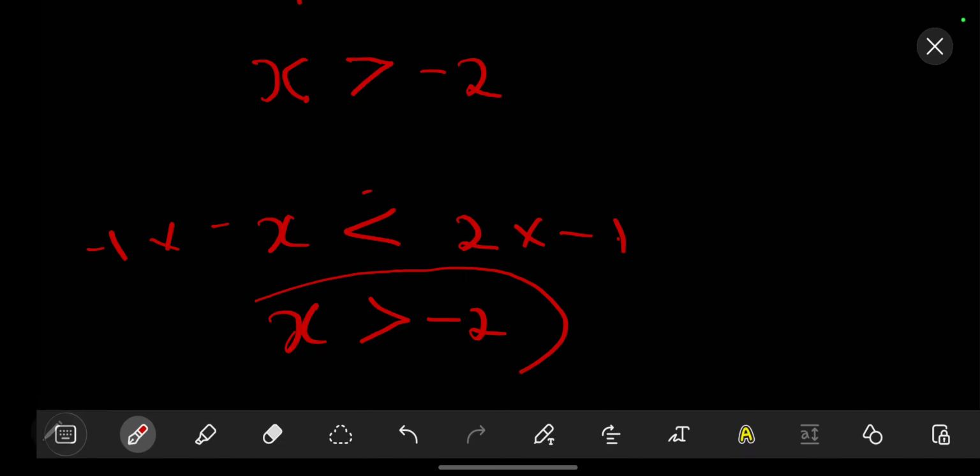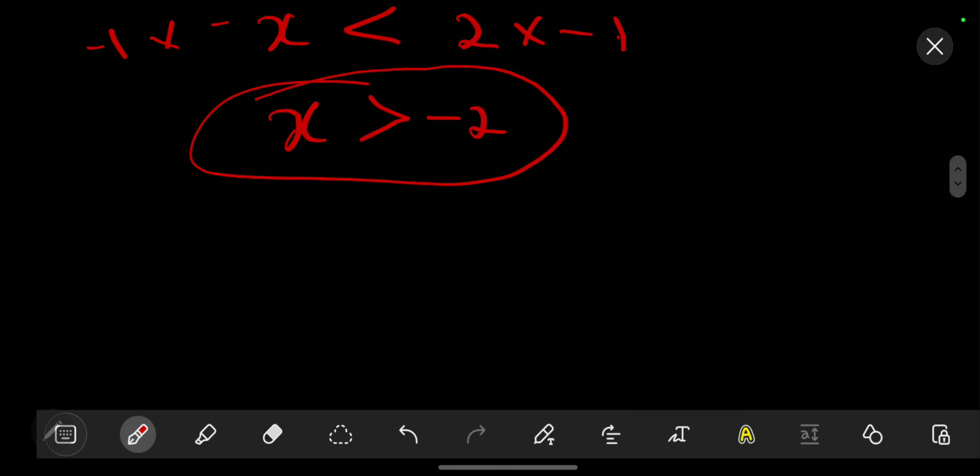Due to this, we cannot cross multiply if we don't know the value of x. As long as you divide or multiply an inequality by a negative, the sign tends to change. So therefore, let's answer now.